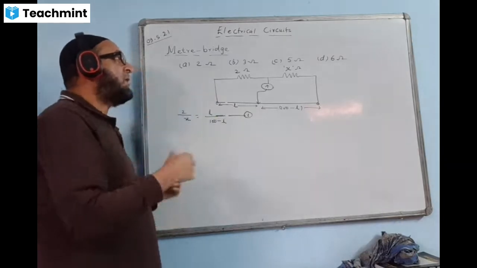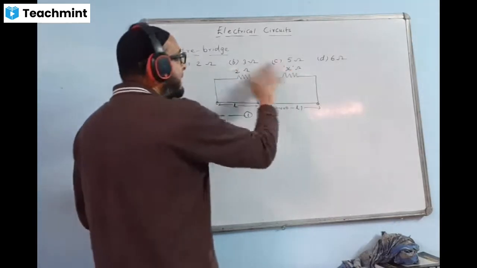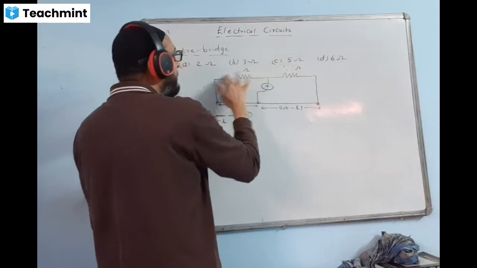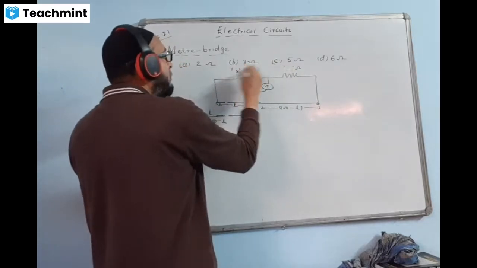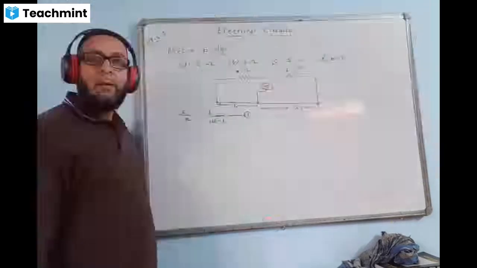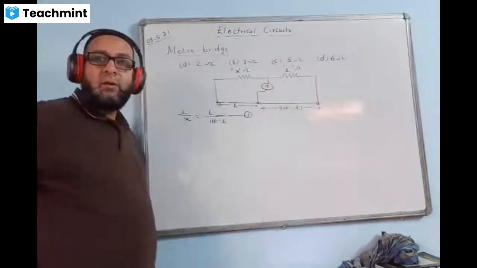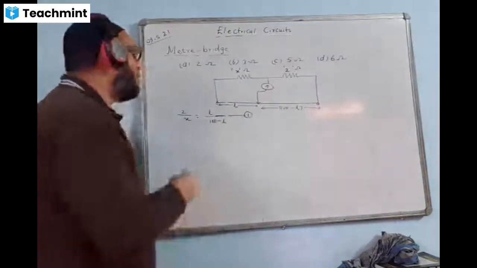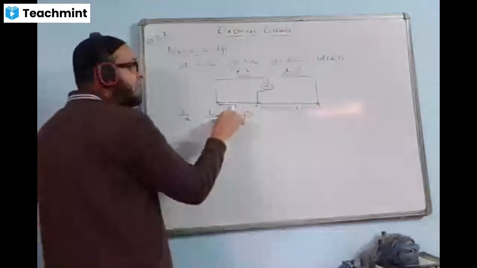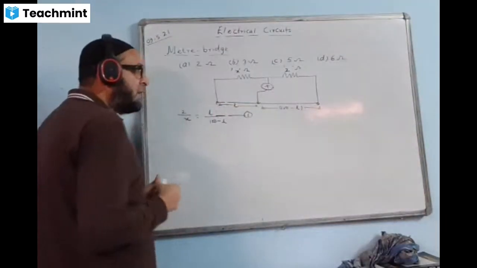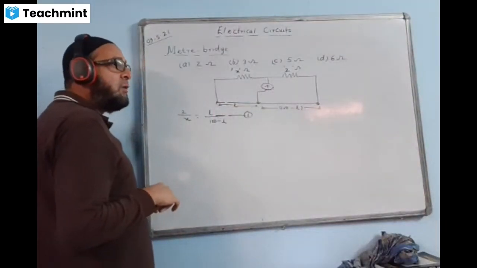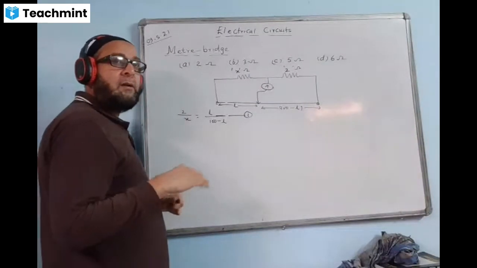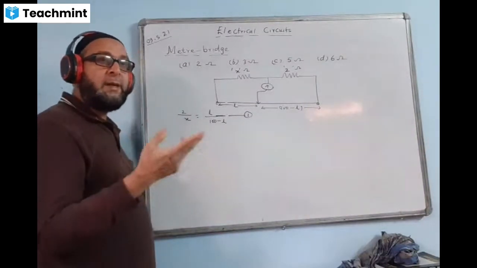Now the second part of the question says the resistances are interchanged. Now X ohm is on the other side, in the second case. The balancing length shifts by 20 centimeters, so the new length will either increase or decrease by 20.